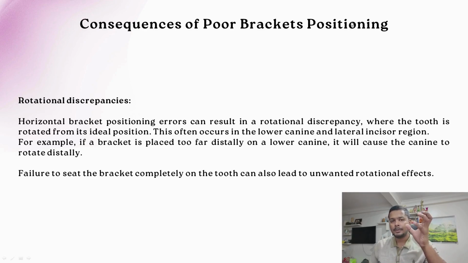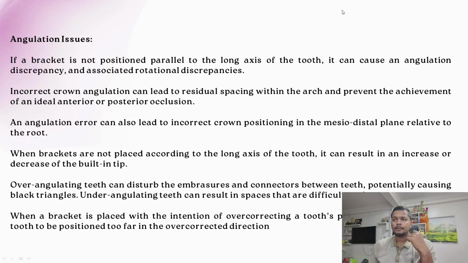So the teeth become rotated because the cement under the base of the bracket is not equal. There's a lot on one side and little on the other side. Even though you're placing the brackets in the ideal position, if there is a cement discrepancy under the base of the bracket, if you don't seat the bracket properly or remove the excess cement, the teeth will rotate.